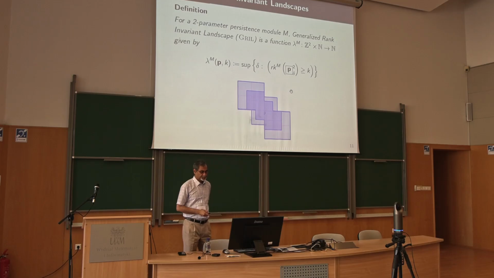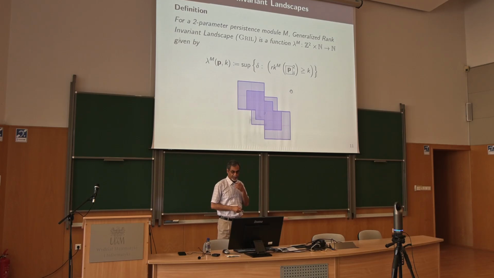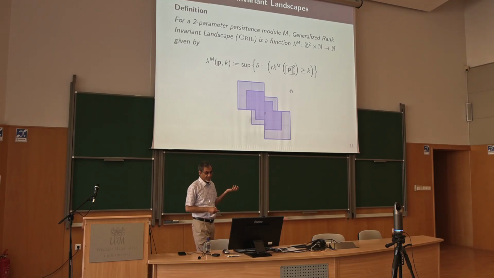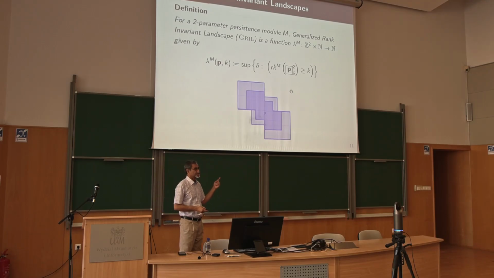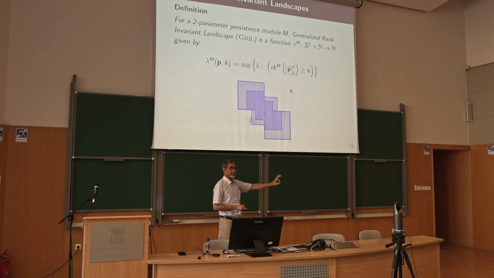Okay. So now, what is the definition of the grill? The grill is a function which I denote as lambda M, which takes two parameters, a point P in your poset, and a value k, an integer k.